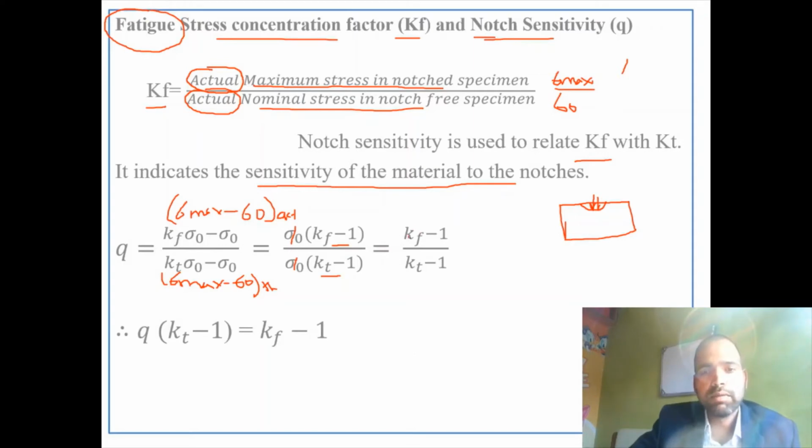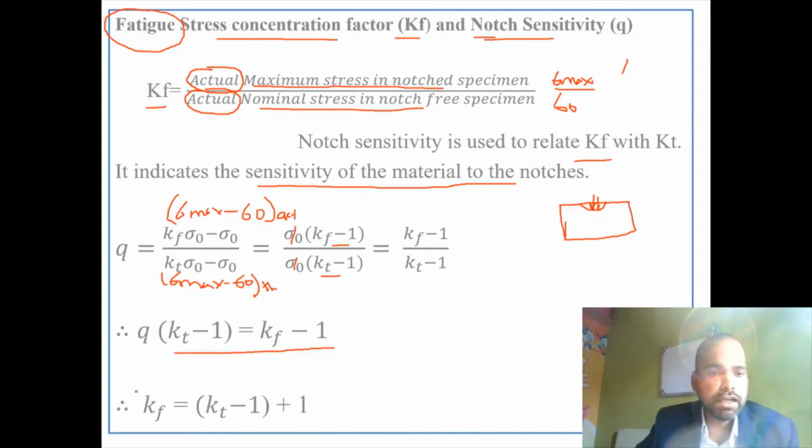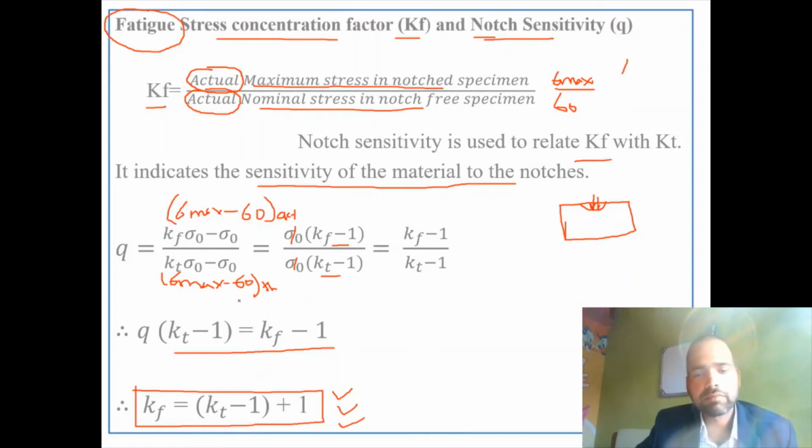Hence the ratio will become (Kf minus 1) upon (Kt minus 1). After simplifying the equation, we will get q into (Kt minus 1) is equal to (Kf minus 1). And the final equation of the fatigue stress concentration factor that we have to use for the design of a component subjected to fluctuating load will be Kf = q(Kt minus 1) plus 1, that is the fatigue stress concentration factor.